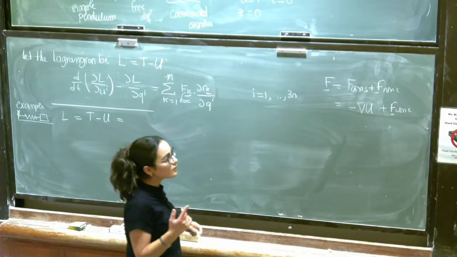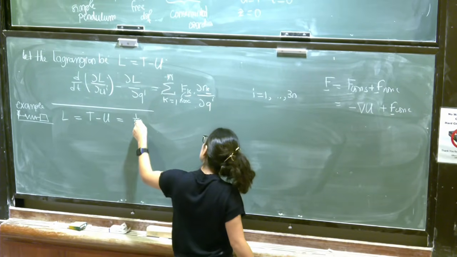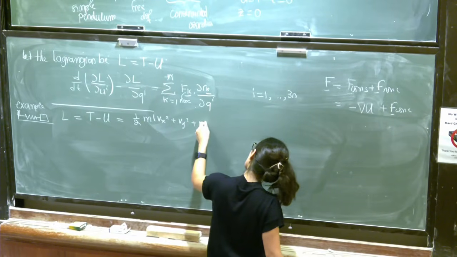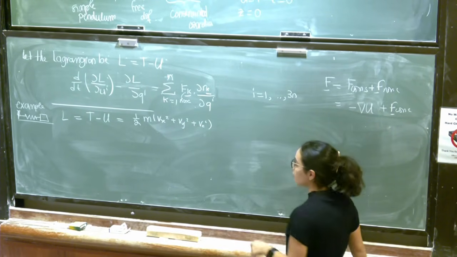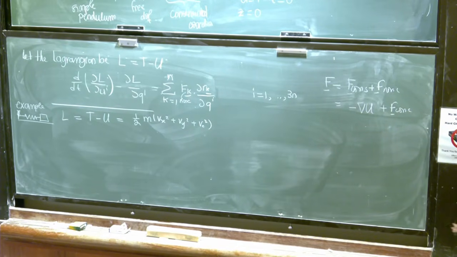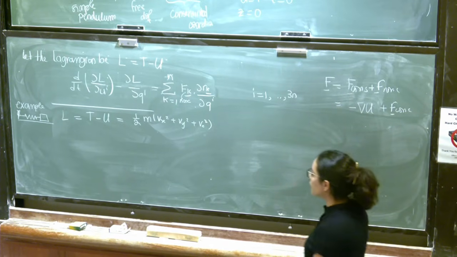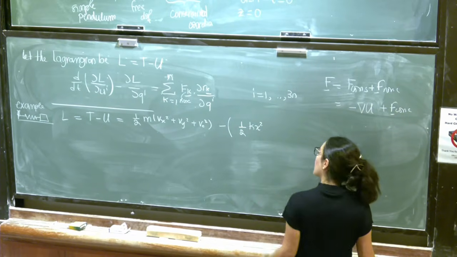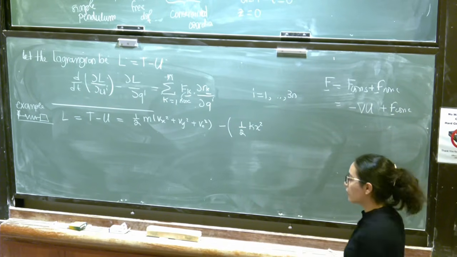Now what's the potential energy here? How many conservative forces are acting on the system? We have the spring force and we have the weight, okay? So the potential energy due to the spring force is half k x squared, and the potential energy due to the weight is mgy.